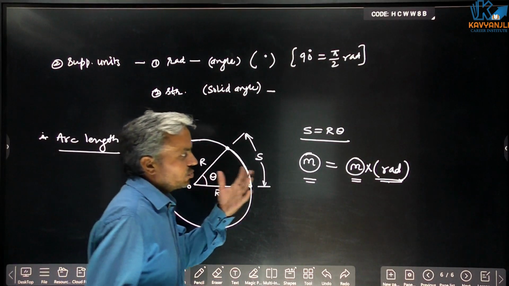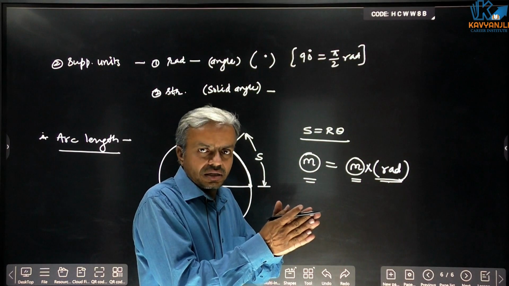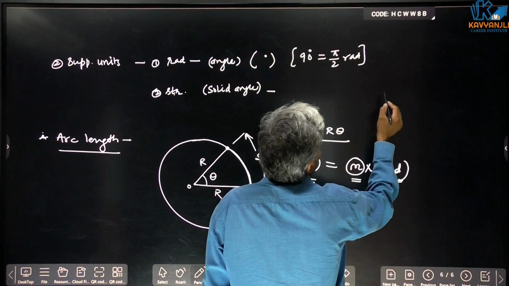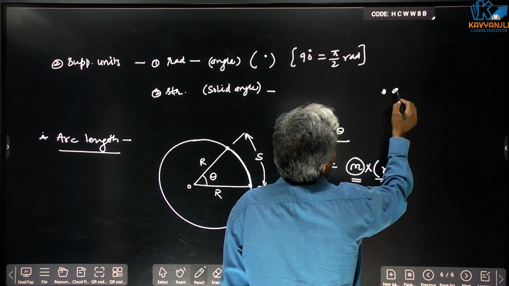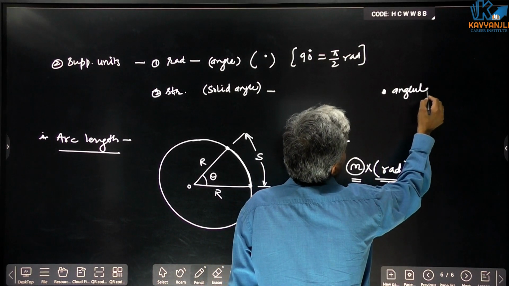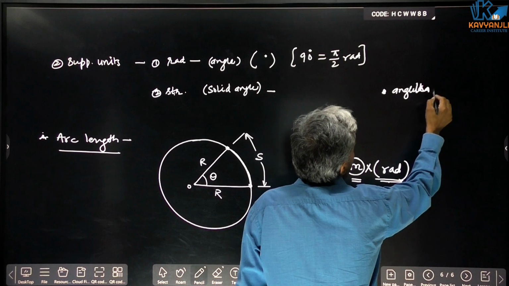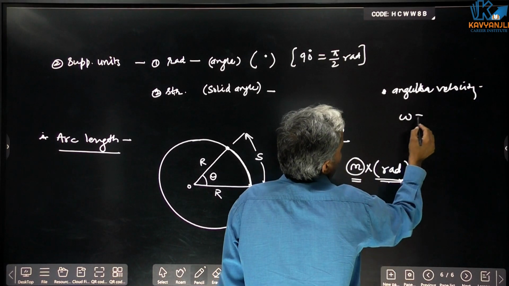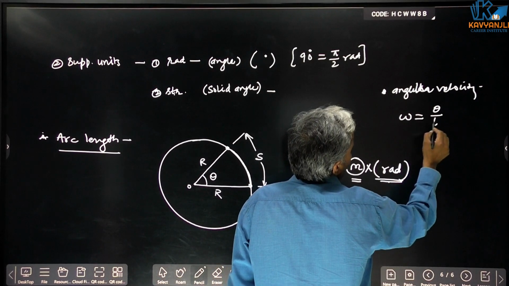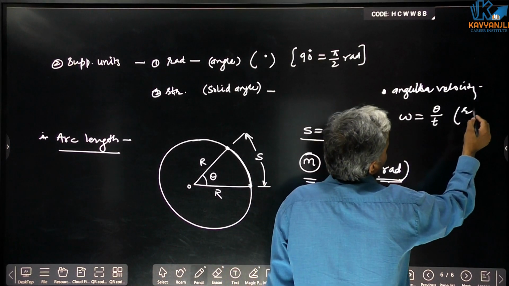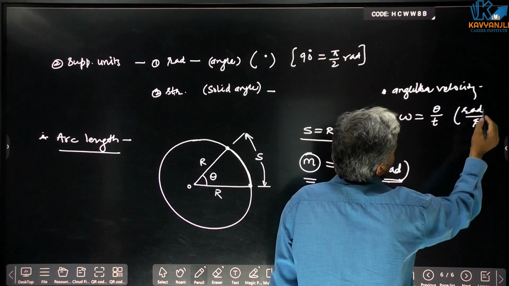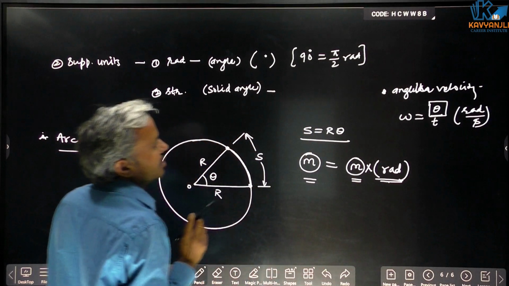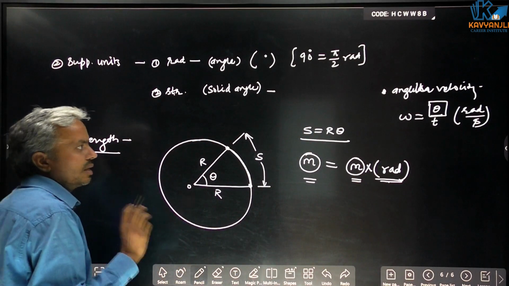Otherwise, when you use this separately, and it is not multiplied by another unit, then it is like another physical quantity, angular velocity. What is angular velocity? Angular velocity is theta by t. So its unit is radian per second. So the radian is not multiplied by any other quantity, so it becomes independent.